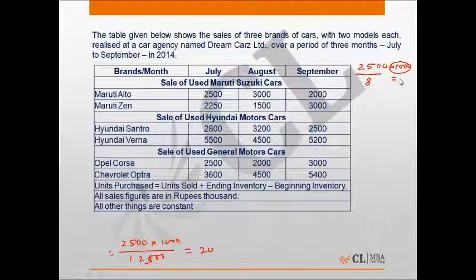So the price of each car that the company sold of the Opel Corsa brand in the month of July was 2500 upon 8, and it comes out to be 312.50.